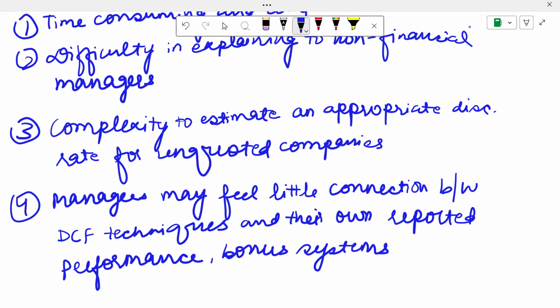So these are a few disadvantages of your discounted cash flow techniques.